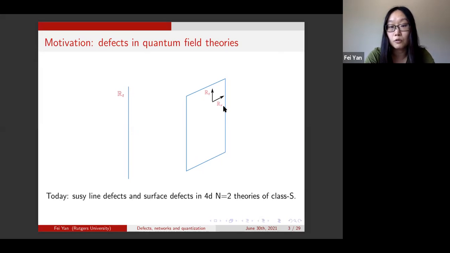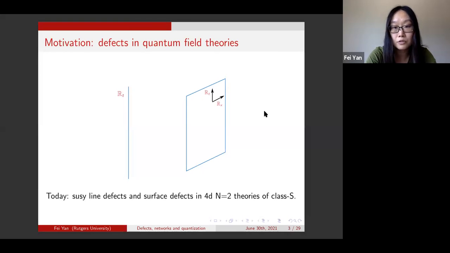Alternatively, you could also write down explicitly a 2D Lagrangian and then couple the degrees of freedom on the defect to the bulk. For a generic quantum field theory, study of defects could be, of course, interesting, but also challenging. And it could be difficult to give some universal statement for a large class of theories.